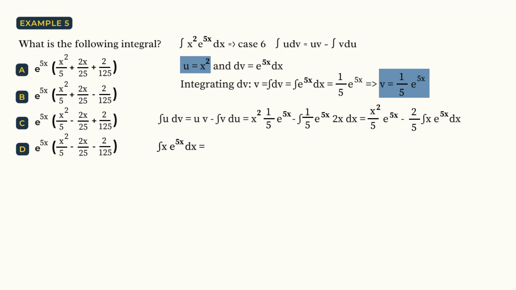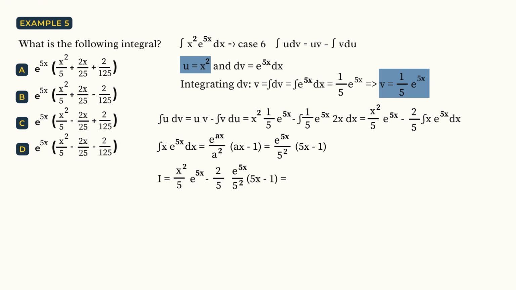The integral of x multiplied by e power 5x dx equals e power ax over a squared multiplied by ax minus 1. Let's substitute, and we get e power 5x over 5 squared multiplied by 5x minus 1. So now that we have calculated that, let's go back to our final equation of our initial formula and replace this integral with this result.